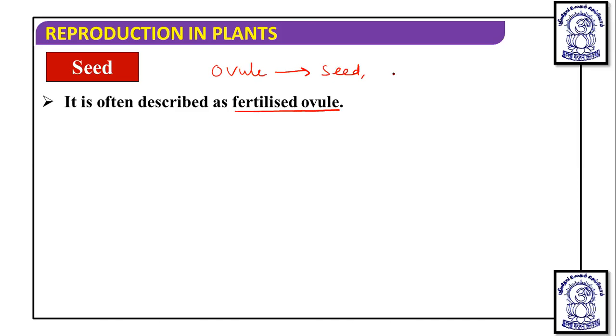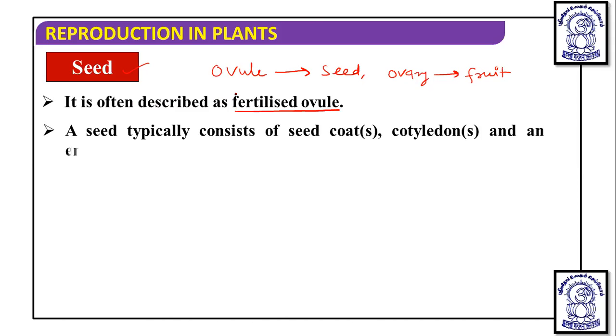This ovule is covered by the ovary wall, and ovule and ovary wall form an ovary. The ovary converts and forms fruit, but we are going to talk mainly about seed in detail. So this seed is nothing but derived by the transformation of ovule.